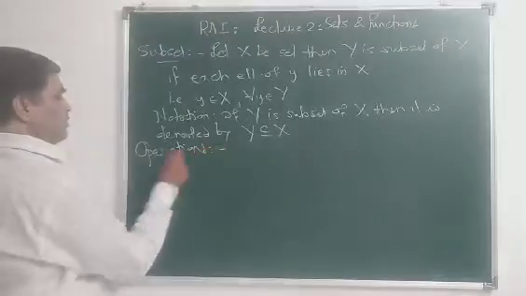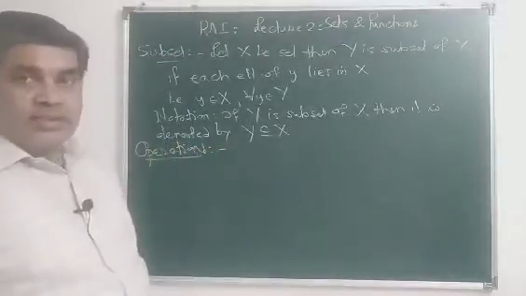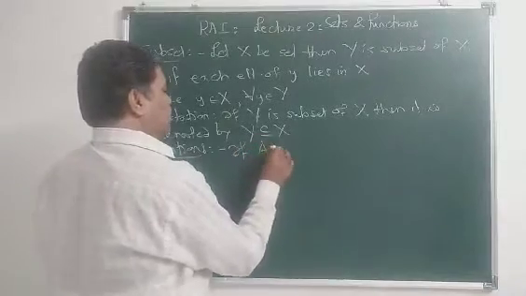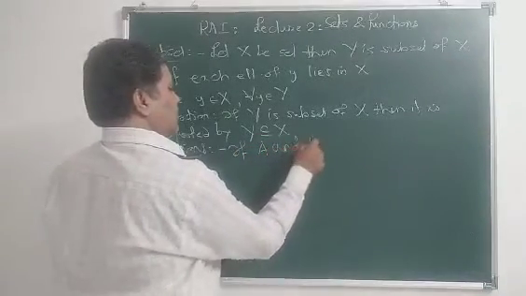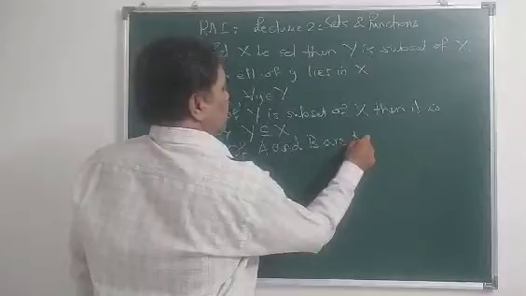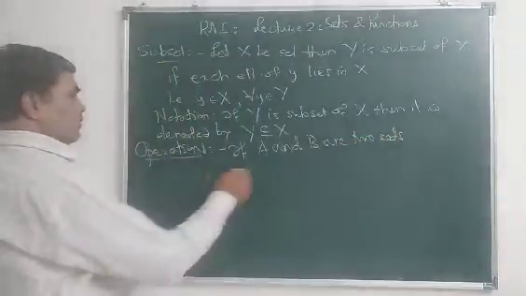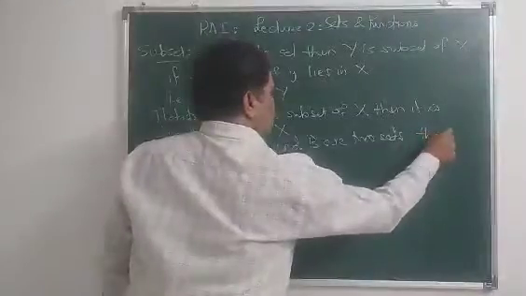Operations on sets. If A and B are two sets, then the first operation is union.